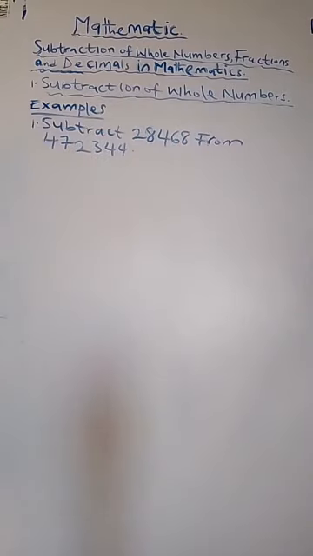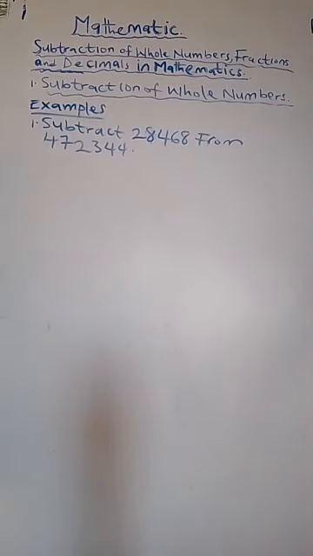In our previous video on basic operations in mathematics, we have explained in details subtraction operation. You can go there and watch the video to understand subtraction operation better. Subtraction operation means to remove the value of a number from another number. So let's deal with this question.